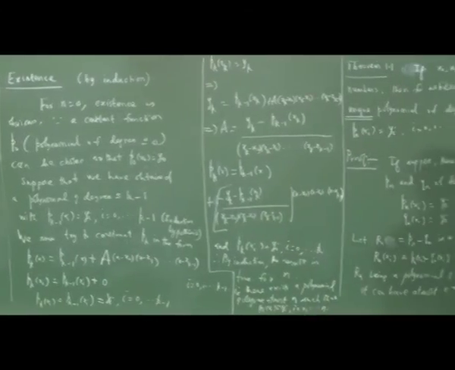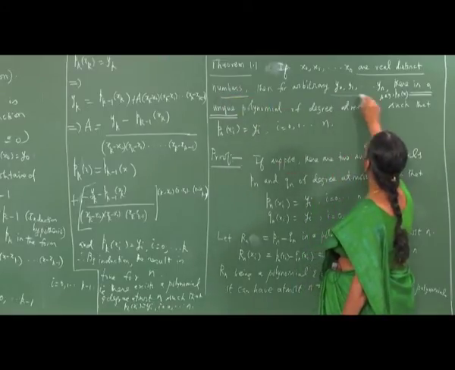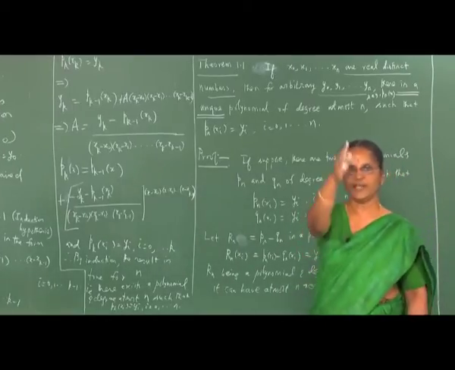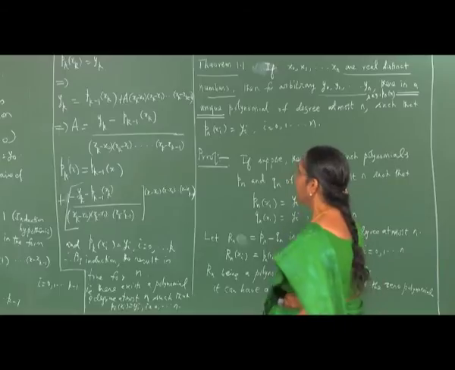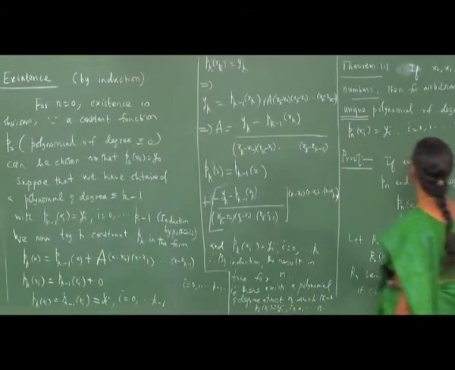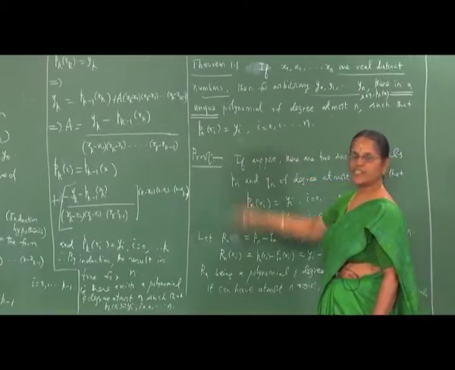Given n plus 1 real distinct numbers x naught, etc., xn, for arbitrary values y naught, y1, etc., yn associated with these, there exists a unique polynomial of degree at most n satisfying this condition.